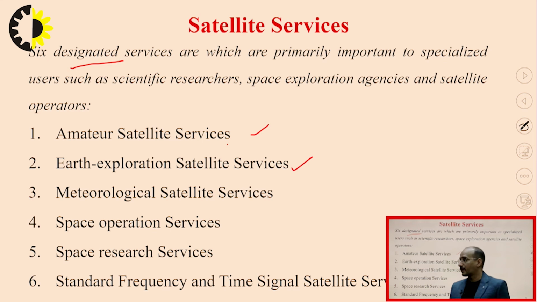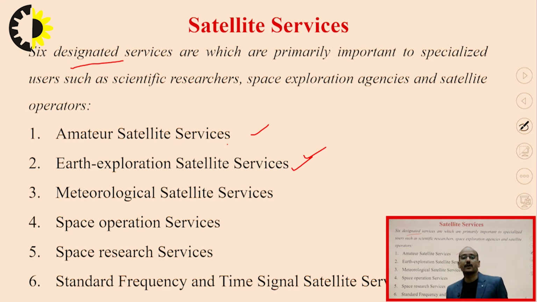Earth exploration satellite services can be used for the identification of petroleum-type products, where they are located on the earth. So basically, earth exploration satellite services are used for the earth exploration purpose.